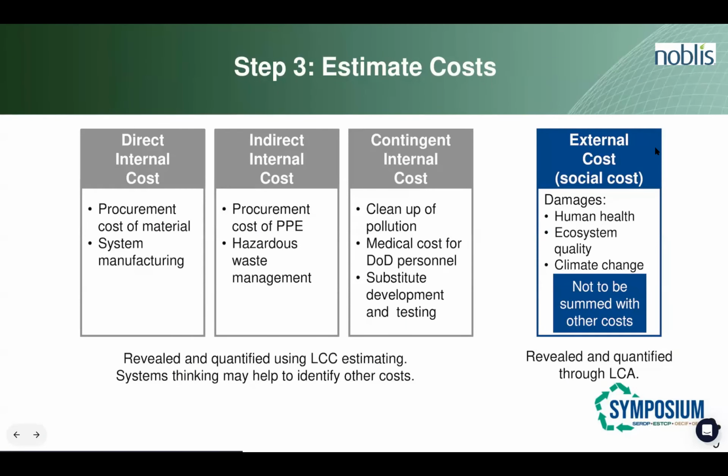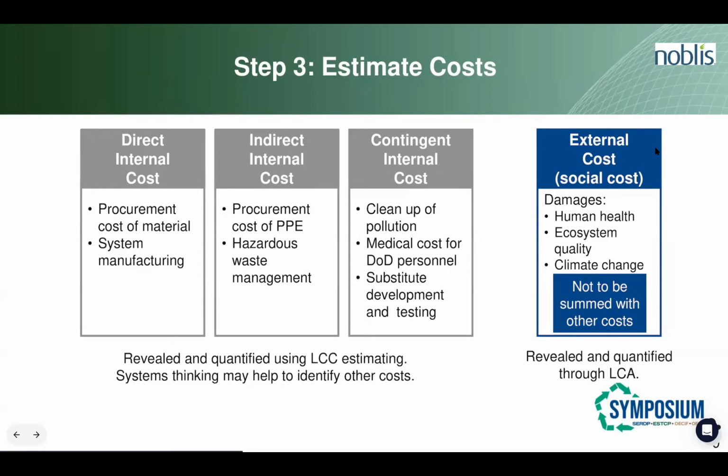Okay. Now, into the cost estimates, and I think Dr. Henderson talked about this a good deal already, but you'll need to quantify your internal costs. This may include procurement costs, what is your chemicals or electricity costs to buy, the pieces of that, for example, manufacturing.